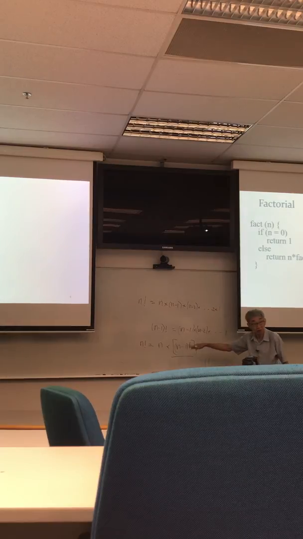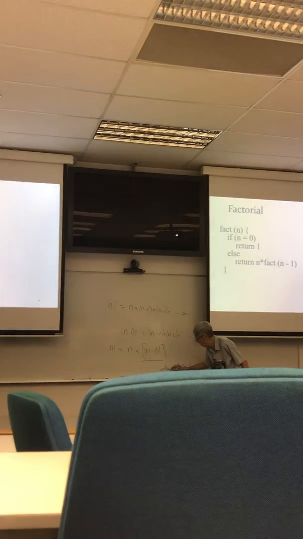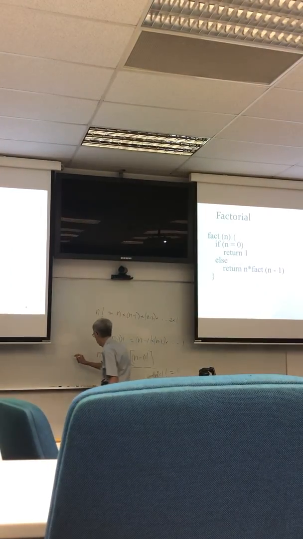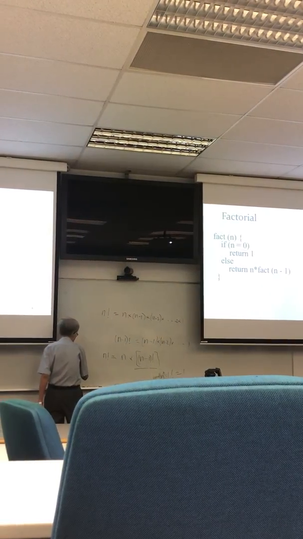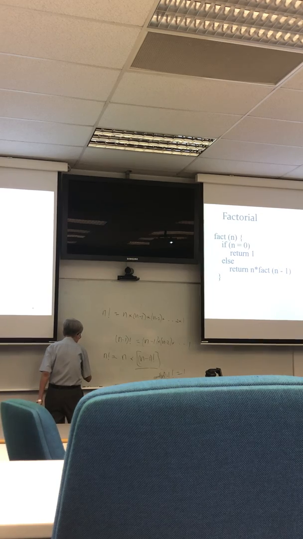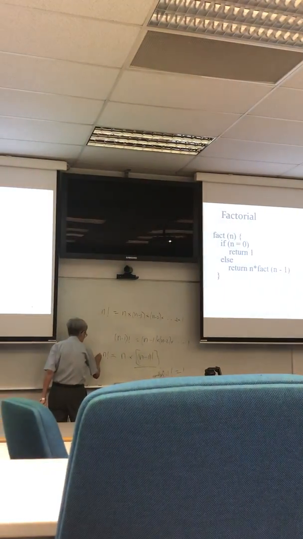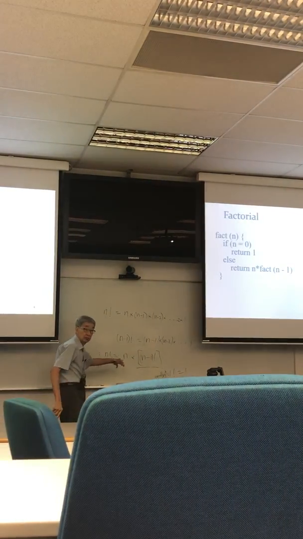So 1 is smaller, and factorial 1 we calculate directly. Factorial 1 is 1. This is the smallest problem. And this is how we form the solution of n from the solution of n minus 1.